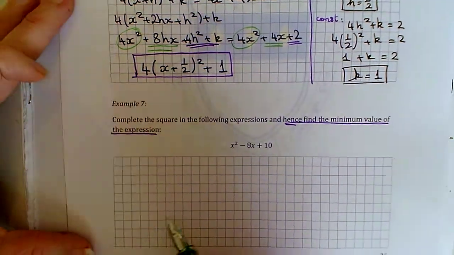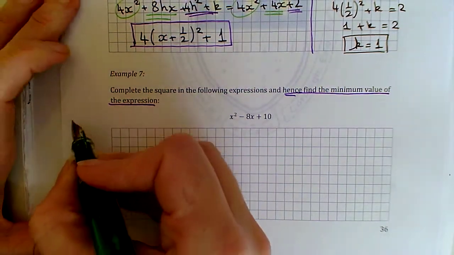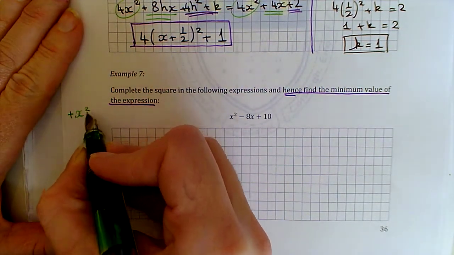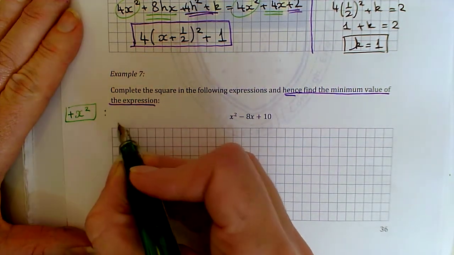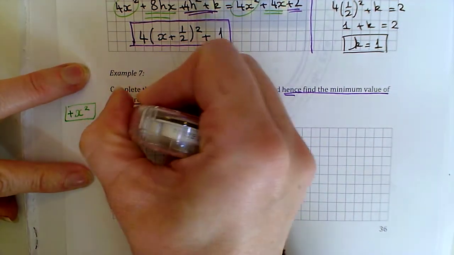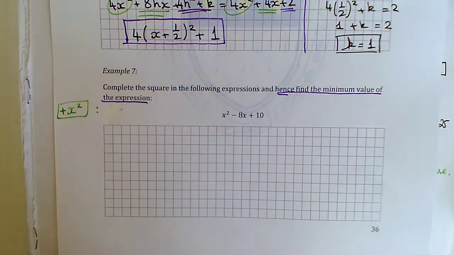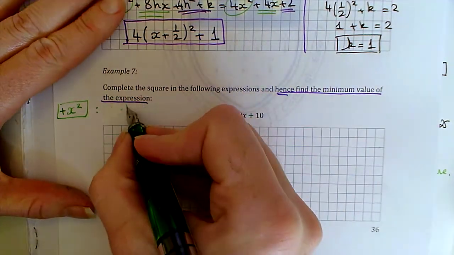Now, a quick reminder about quadratic equations and their graphs. So when I have a positive x squared on my quadratic, my graph is going to be U-shaped. You should remember this from Junior Cert.